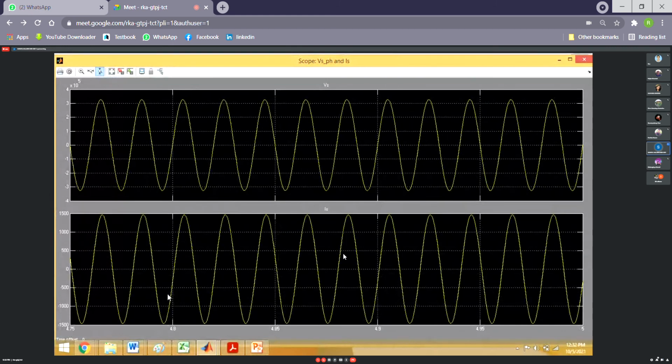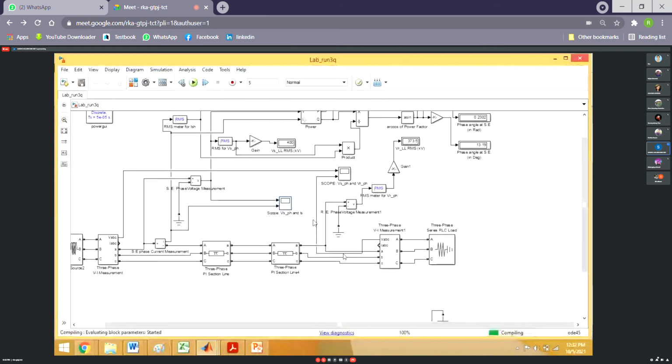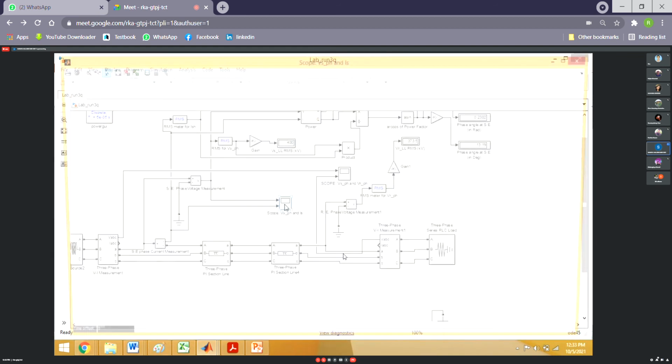At the same time, we have to see the phase angle between them. Now you see the sending end current.